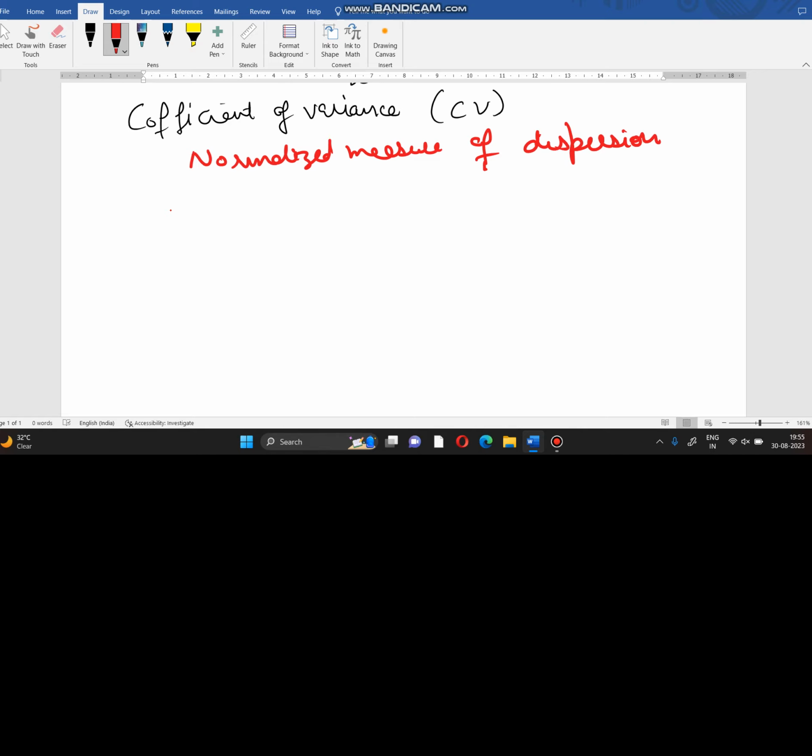It is a normalized measure of the dispersion of a probability distribution. It is calculated as the ratio of the standard deviation to the mean. So whatever is the ratio of the standard deviation and mean is known as the coefficient of variance.